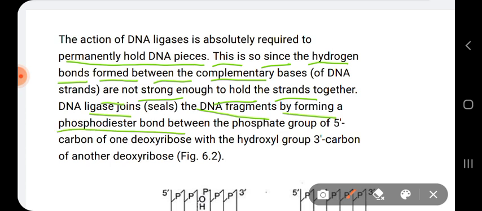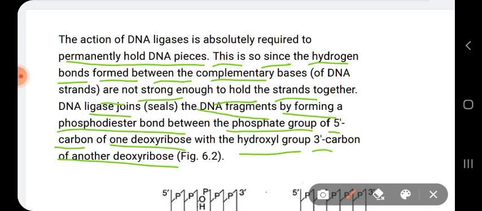They form a phosphodiester bond between the 5 prime phosphate group carbon of one deoxyribose sugar and the 3 prime hydroxyl group carbon of another deoxyribose sugar. So the phosphodiester bond is being created between the 5 prime phosphate group of one deoxyribose sugar and the 3 prime carbon of another deoxyribose sugar that has the hydroxyl group.